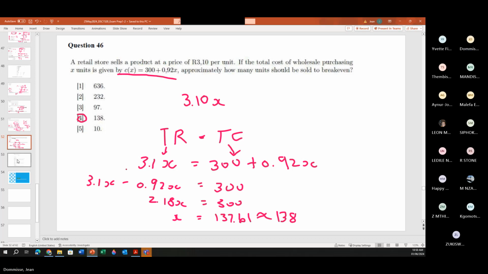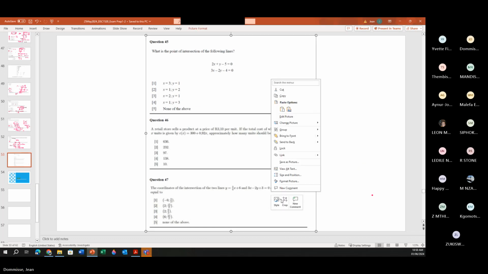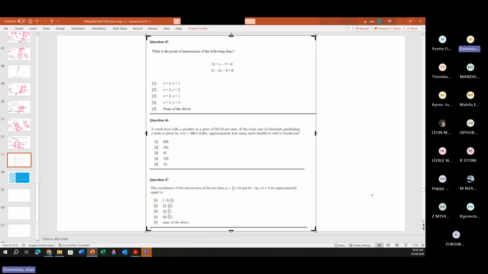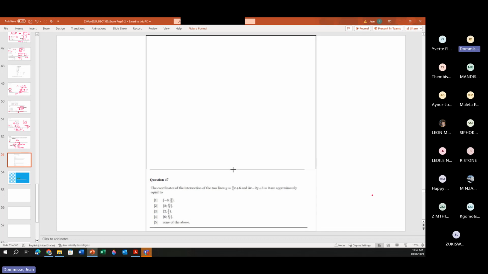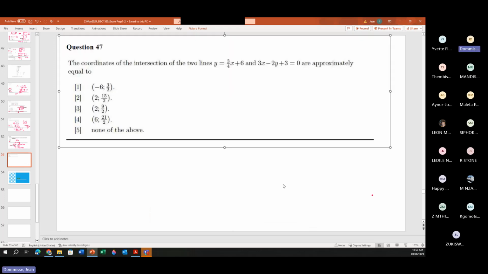Okay. And then the last one. So again, interesting intersection. Now this time, the intersection, they want us to work out the coordinates, so the x and the y.